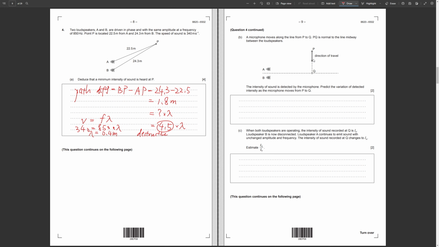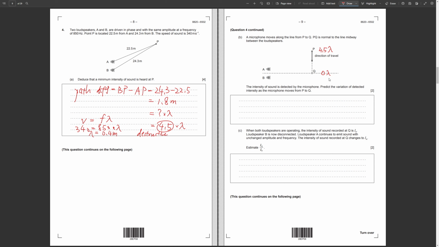In part B, there is a microphone moving from position P to position Q as shown by the solid arrow here. At position P, according to our previous calculation, it must be 4.5 lambda in terms of its path difference. And at position Q, it is at the midpoint between A and B, which means it is 0 lambda.